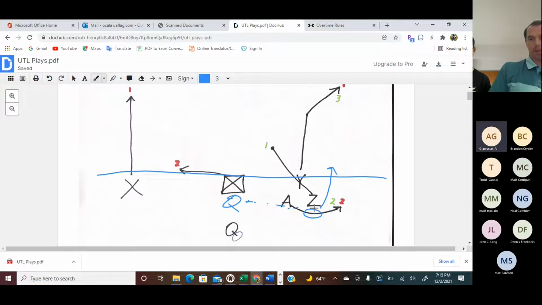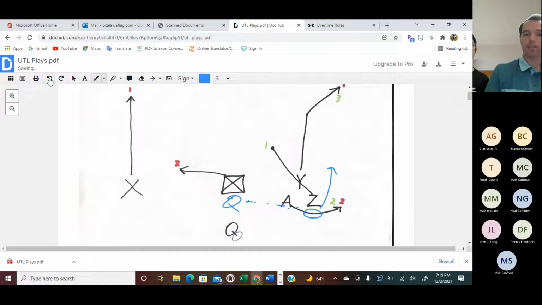Is a screen pass considered a lateral? If a screen pass is caught behind the line of scrimmage, and the ball carrier possesses that pass behind the line of scrimmage and proceeds to cross the line of scrimmage after catching it, it is considered a run.